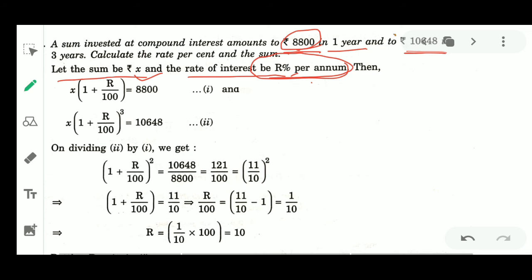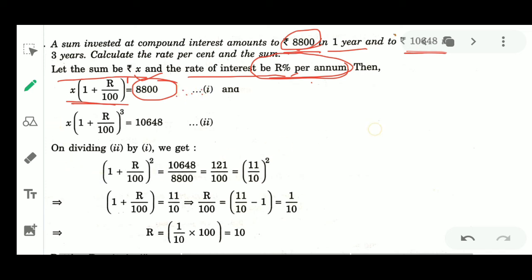Then x into 1 plus r by 100 equals 8,800. That is the formula of amount. The formula of amount for 1 year is principal into 1 plus r by 100 to the power n. Here n is 1. So that is equation 1. Mark it, equation 1.